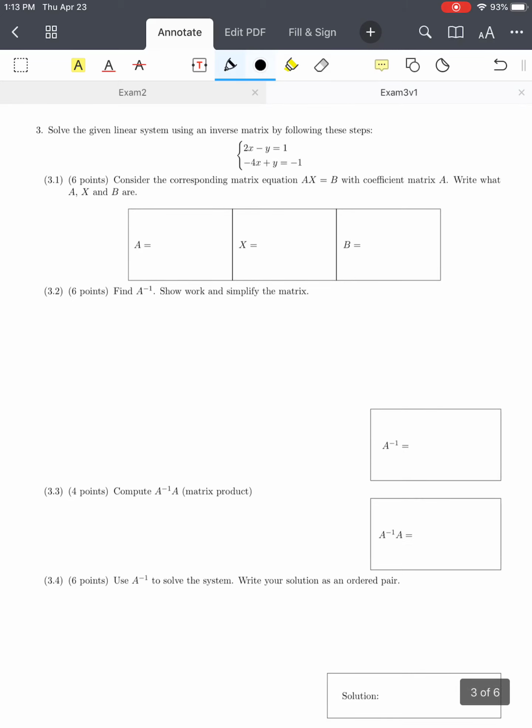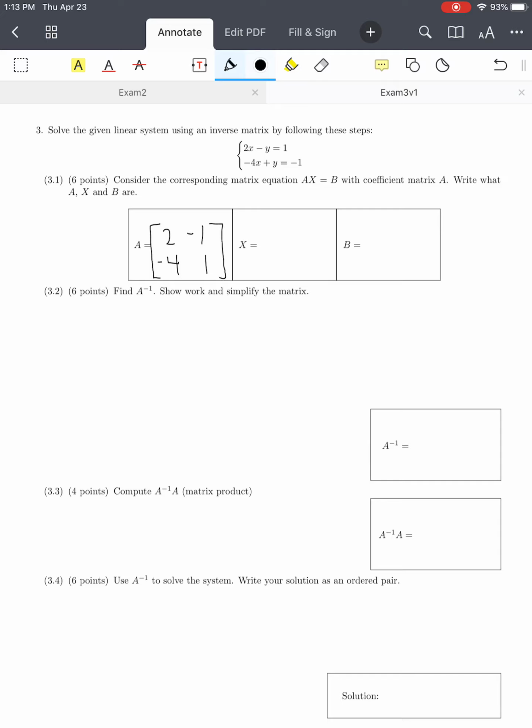Okay, so problem 3, we're going to solve a smaller system, but by using an inverse. So part 1, we want to consider the corresponding matrix equation, AX equals B, and write what A, X, and B are. So A is just the coefficient matrix, so that's 2, negative 1, negative 4, and 1.